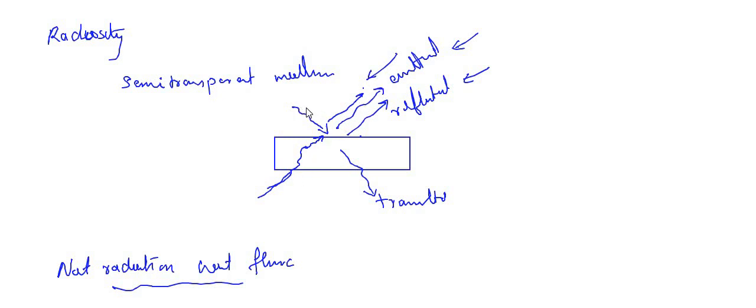But the transmitted part is actually from some other radiation coming from the bottom or from the side or somewhere else, so it is not part of this one. However, since radiosity is the amount of radiation that is completely coming out of the medium, we should include this also.